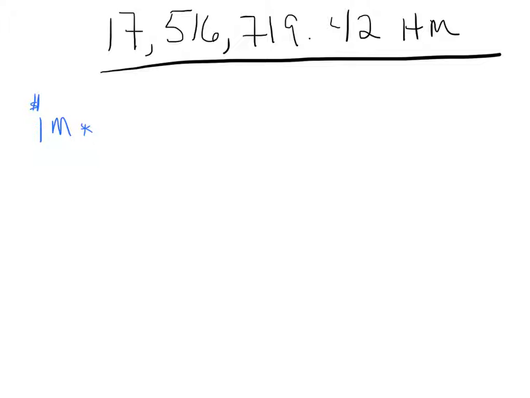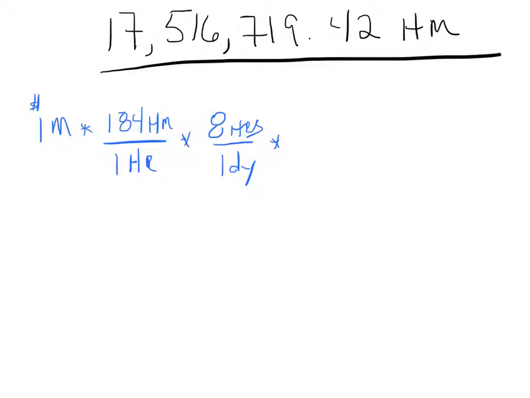And then my conversion factors I went through was that I had 184 hamburgers per hour. I then ended up working 8 hours per day. I worked 5 days per week.